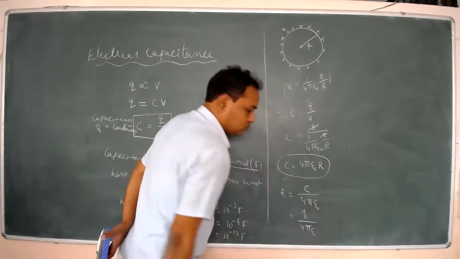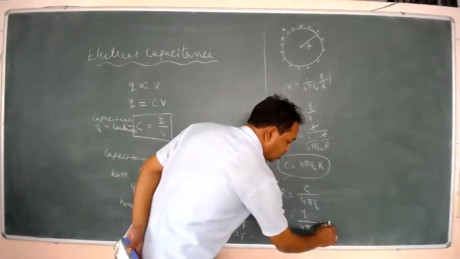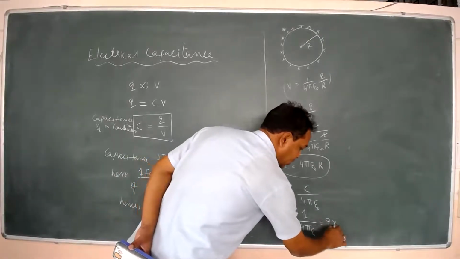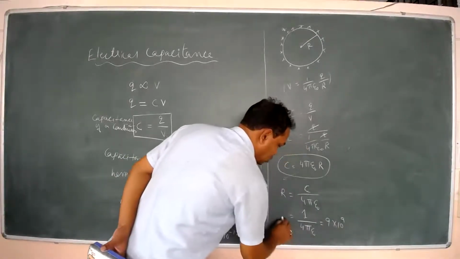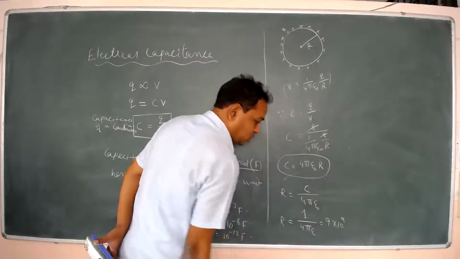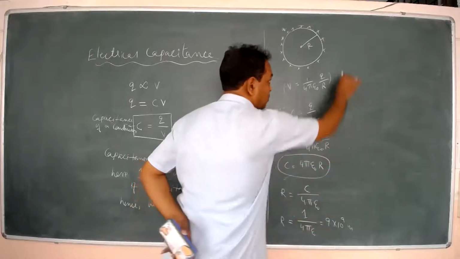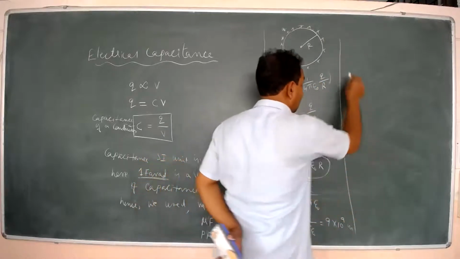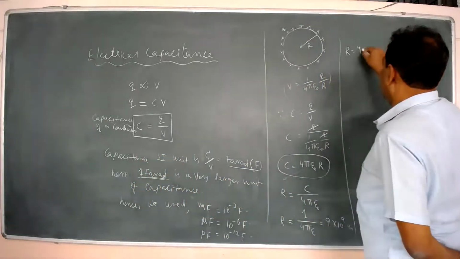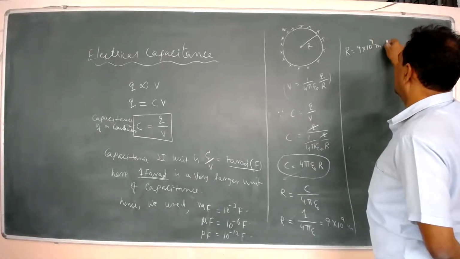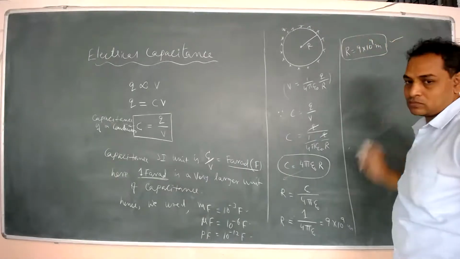We know that 1 by 4 pi epsilon naught is equal to 9 into 10 power of 9. So the radius we get is R equal to 9 into 10 power of 9 meter.